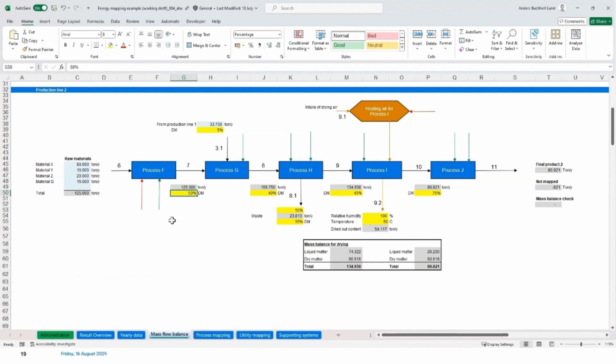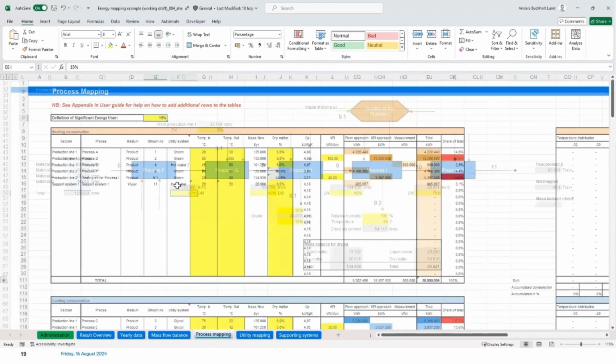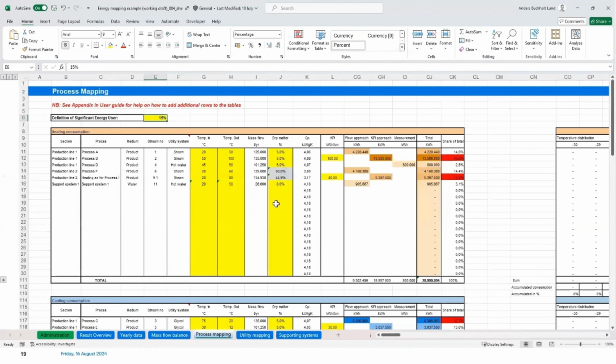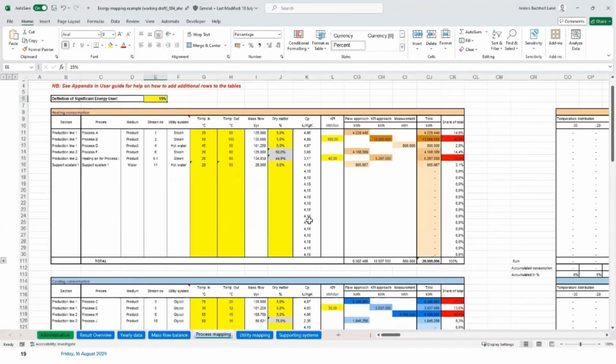So this could be another way of accounting how the mass is distributed throughout the process. The small table below was just an example of looking at the balance. But here we also have the dry matter, as you can see in this column here.